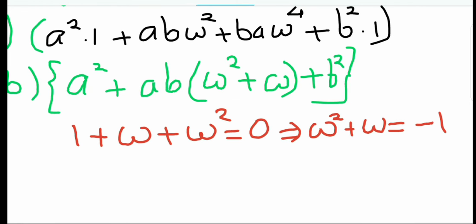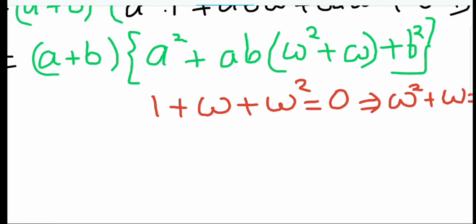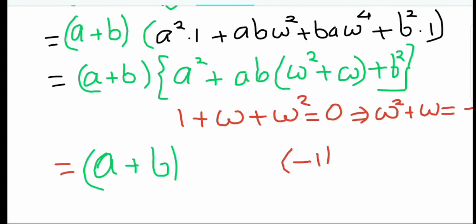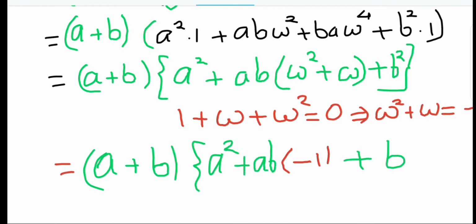So in this expression we will write omega square plus omega equal to minus 1. Rest we will copy as it is. So a plus b we will copy as it is. Then a square plus ab, we copy it as it is, plus b square.